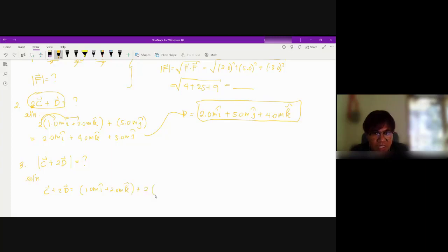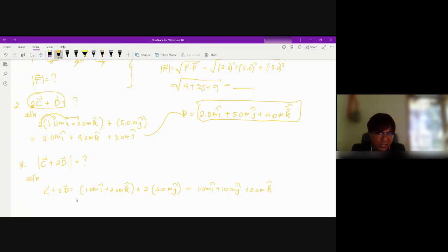Ang D mo is 5 meters J hat. So that would mean 2 times 5, that becomes 10. So the resulta would be 1 meter I hat plus 10 meters J hat plus 2 meters K hat.